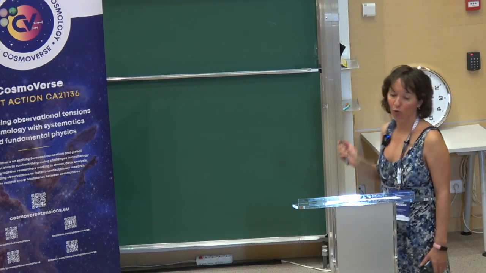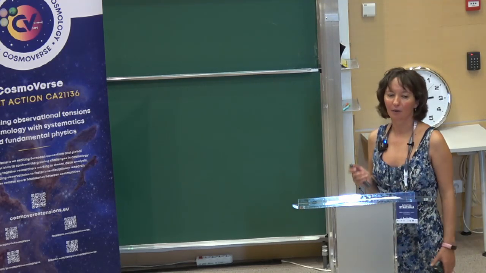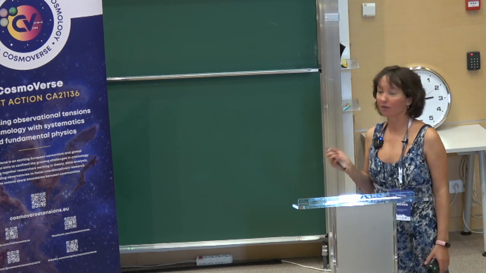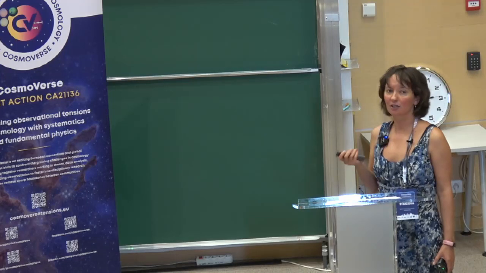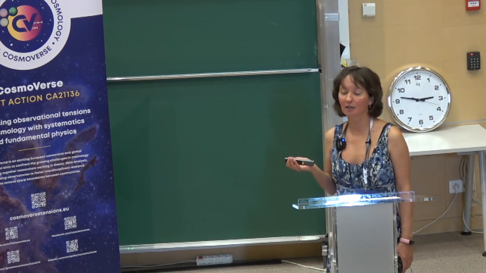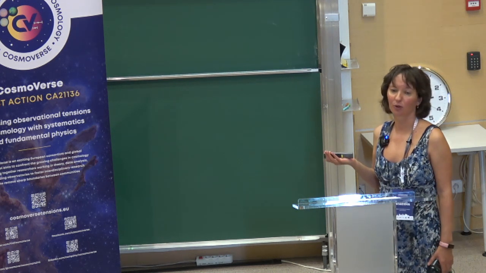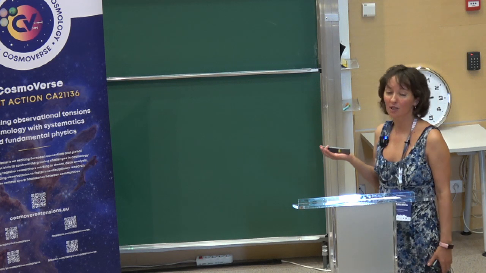And so the conclusions for this section are that we have different preference for different models from the two different BAO data sets. And this is, I think, relevant because especially right now with DESI, we see a little bit of argument between the 3D and the 2D BAO points.